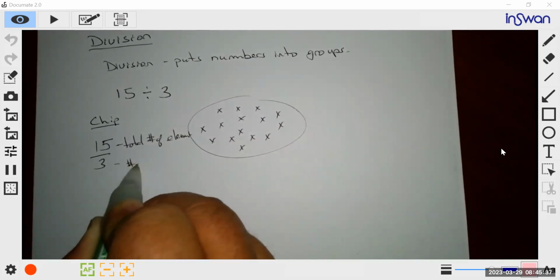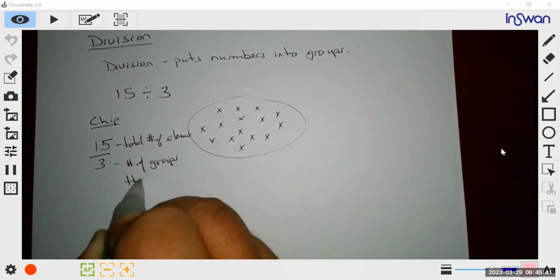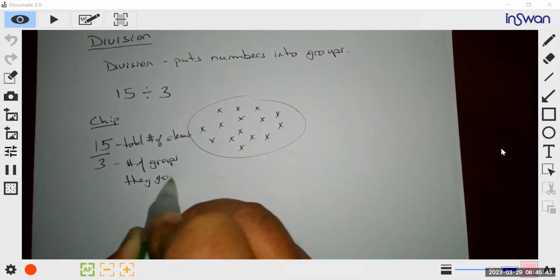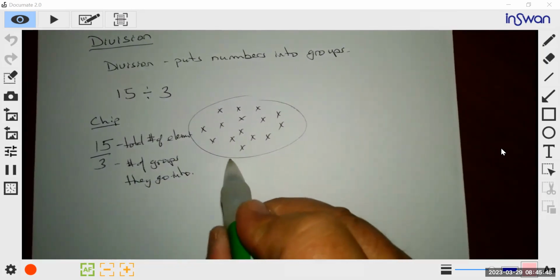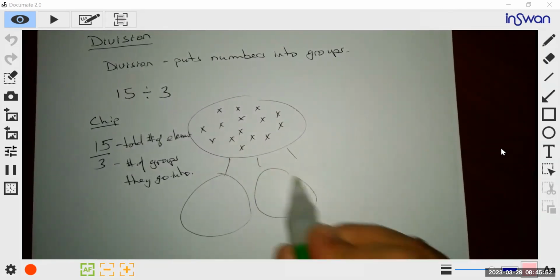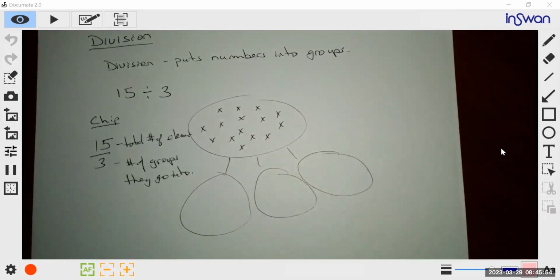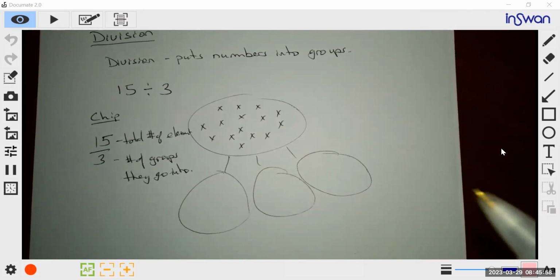This is the number of groups they go into. So what I gotta do here is make 3 separate groups. And if it's divisible, they'll have an equal number each.